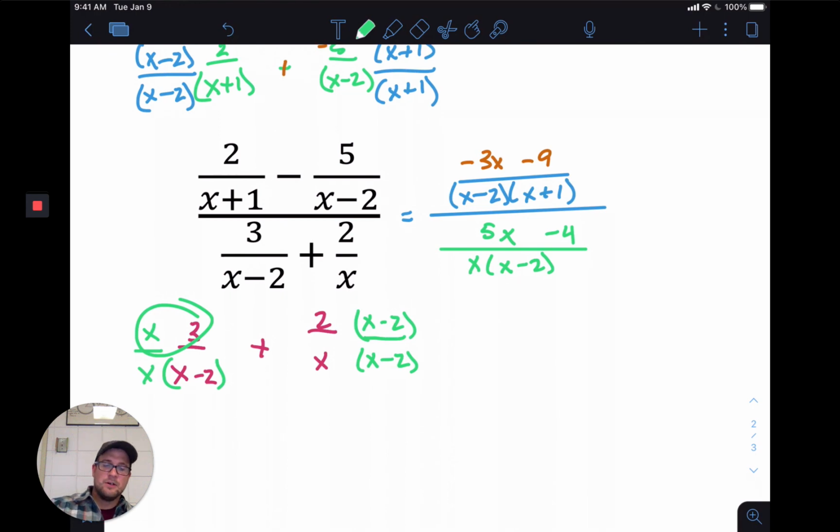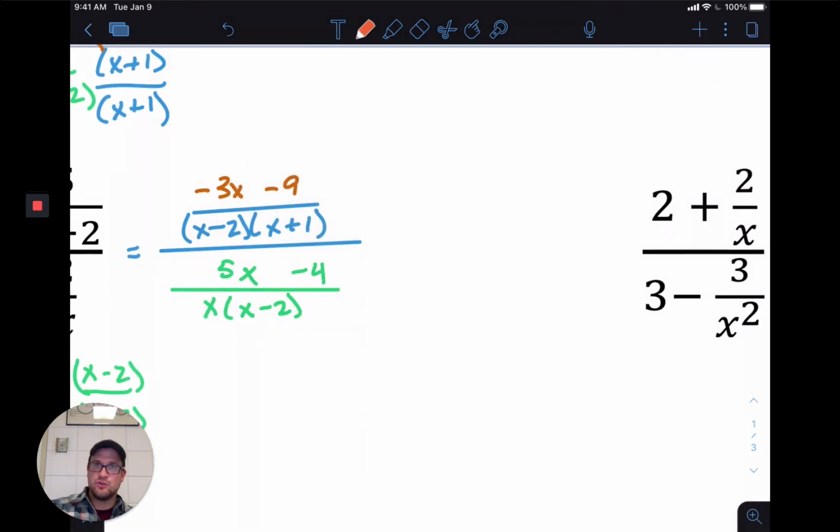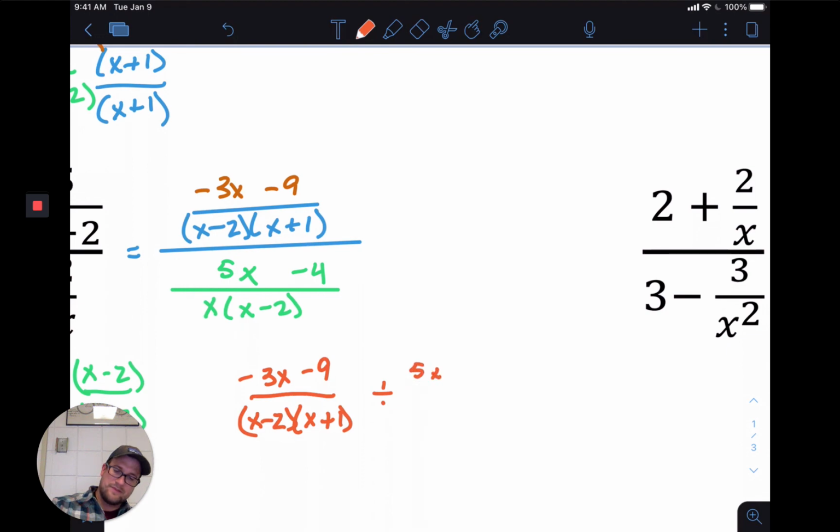Now from there, we're going to rewrite this complex fraction as the division of two rational expressions. So our first one will stay exactly the same. So we'll have a minus 3x minus 9 over x minus 2, x plus 1. And we're going to divide that by 5x minus 4 over x times x minus 2.